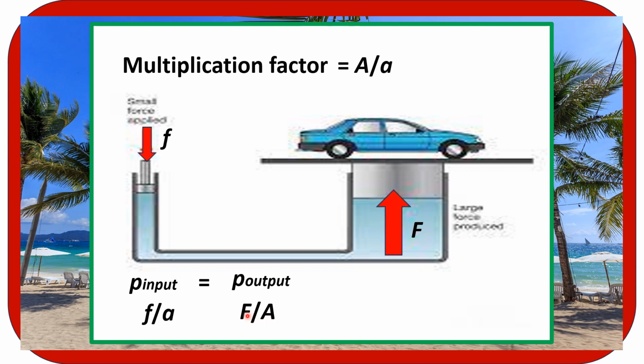That implies that the amount of force is relatively large, but that is over a relatively large area of the piston. So capital F divided by capital A is the amount of pressure exerted by the hydraulic liquid on the big piston. Alright?